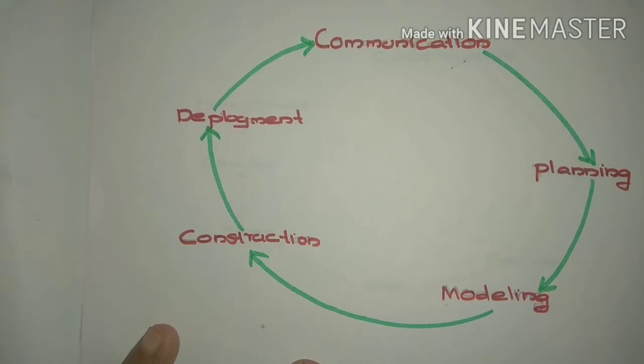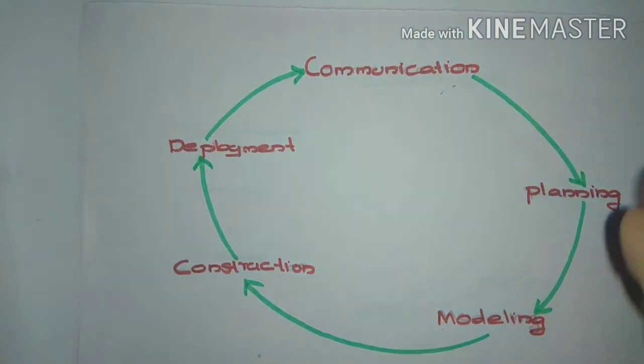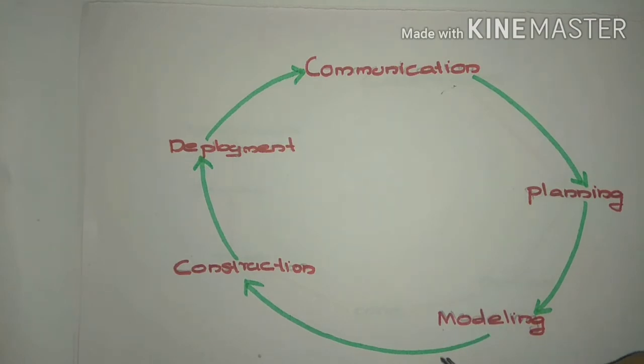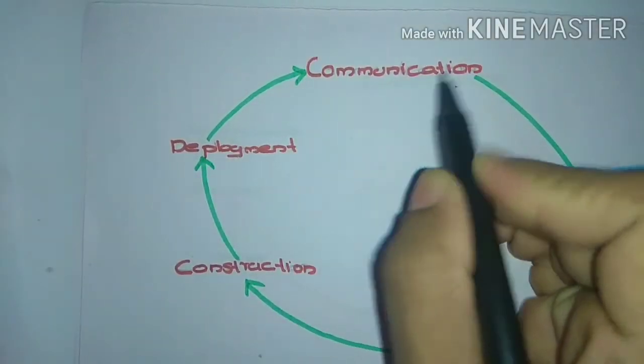So what is communication? It is the communication between the developer and the user to know what the user exactly wants. Mainly requirement gathering and project initiation are under this phase.